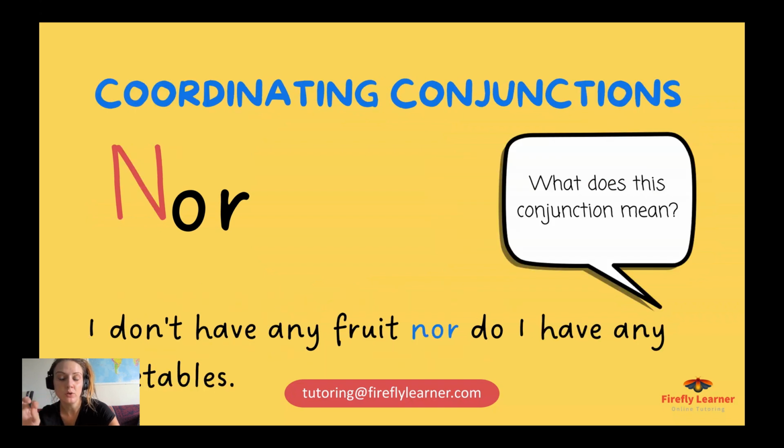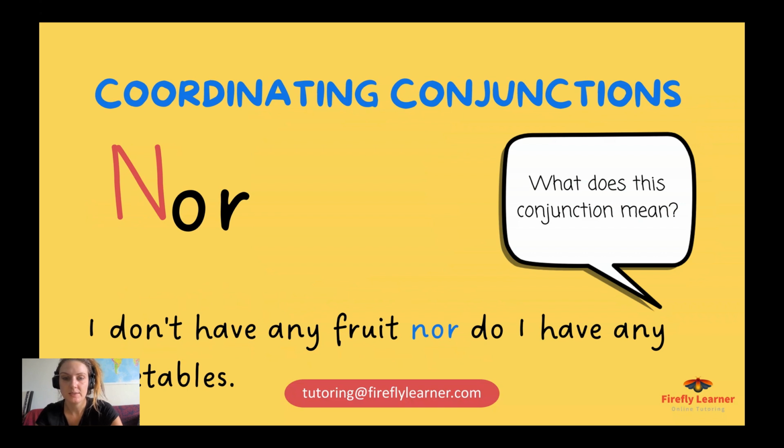Okay, nor, remember it's the negative of or, so it means like neither. So I don't have any fruit, nor do I have any vegetables. It's like I don't have any fruit and I also do not have any vegetables. It means a negative, not either as well.